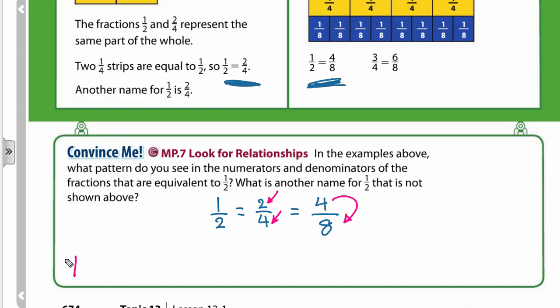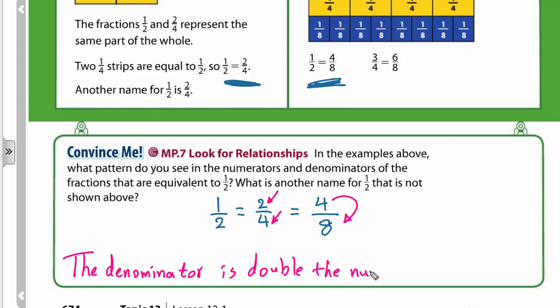So the denominator is double the numerator. And my heroes, you know that the word double means times 2, multiply by 2. Okay, so we multiply by 2 to get the denominator.